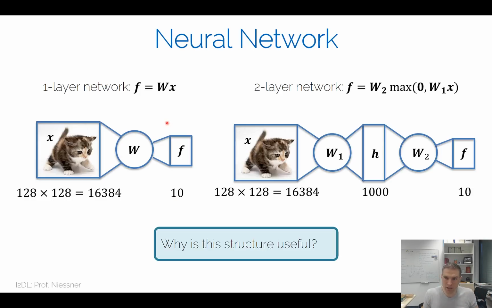Now, if you imagine it, in W, the first row corresponds to the score of the first class. So the first class is equal to the first row in W, right? These two things correspond to each other, and then they give you a kind of response function that tells you, if I feed in this image, how high is my score for that specific image and for that specific class.